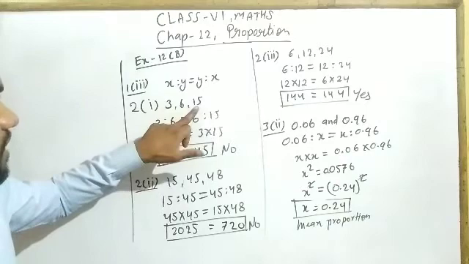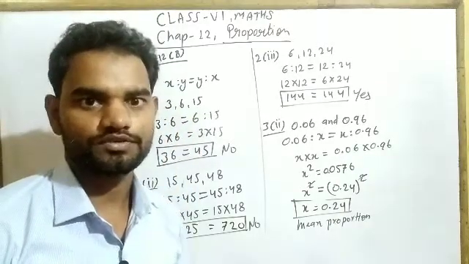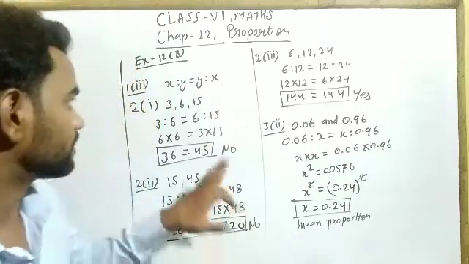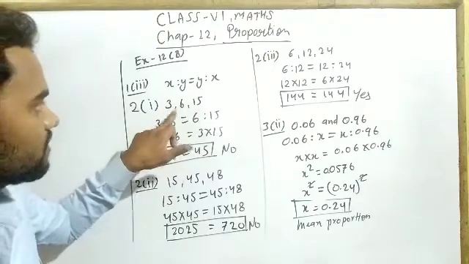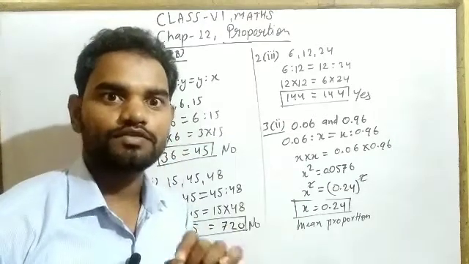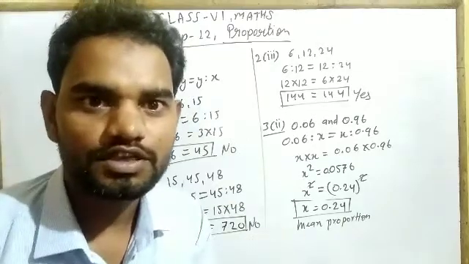First, second, third, and these values are in continued proportion, so we can repeat the middle term there. The question says to check which of these are in continued proportion.